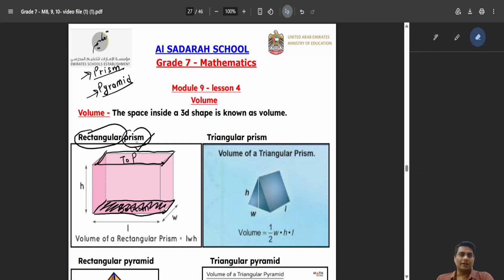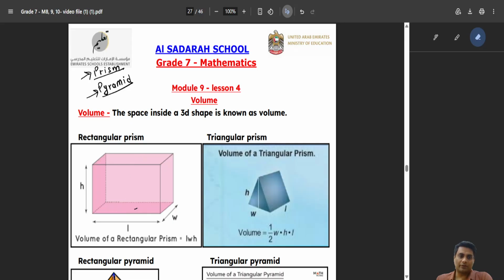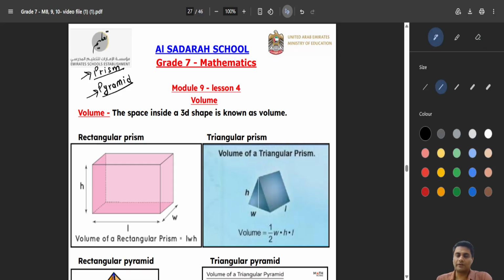Okay, let us discuss one more example of prism. Okay, now check here. Some of the lines are hidden here. I will draw it for you so that you can understand. This shape is like this. Now check the front of this shape. It is in the shape of a triangle here.